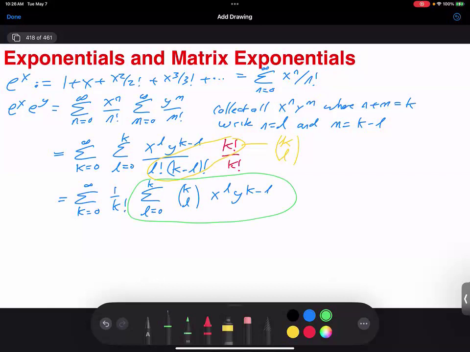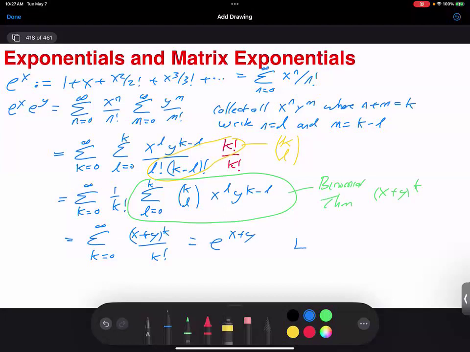Yeah, binomial theorem. This is just x plus y to the k. So then this becomes the sum, k goes from 0 to infinity, of x plus y to the k over k factorial, which is e to the x plus y.